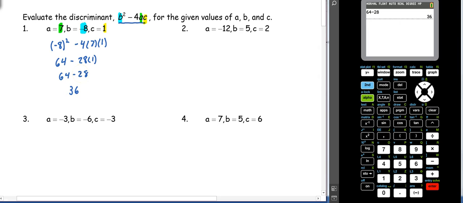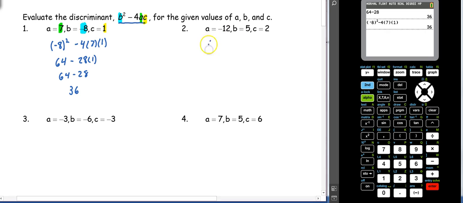Now, if we wanted to just use a calculator right away, we have to be careful about using parentheses. So I would have (-8) squared minus 4(7)(1), and I should get the same answer, which is 36.